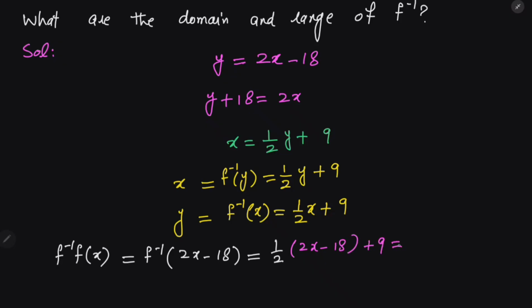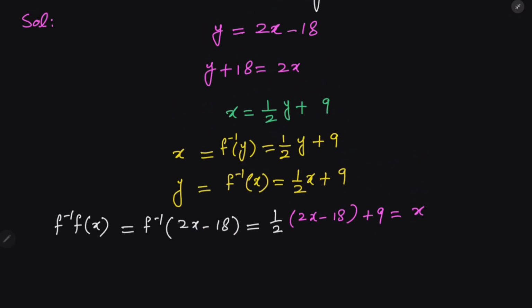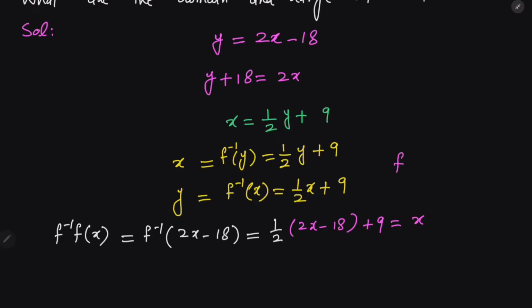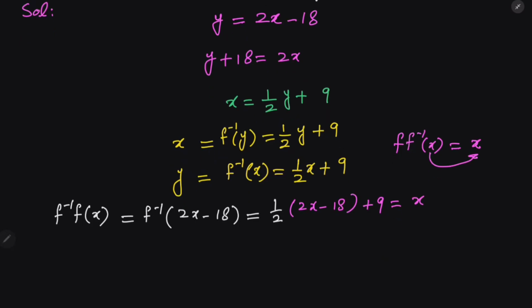We can solve that over here, so we get x. So the answer of f inverse f of x should be equal to x. Similarly, if we talk about f of f inverse of x, then f inverse of x is equal to 1 by 2 x plus 9.